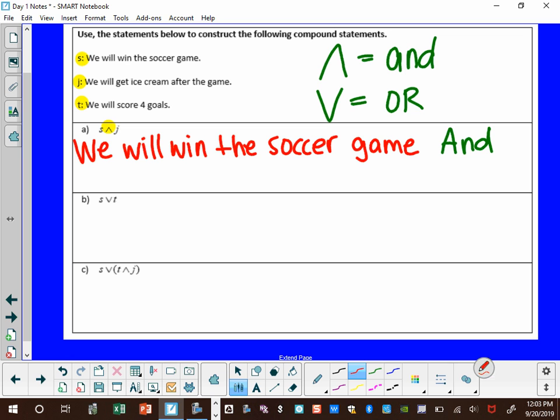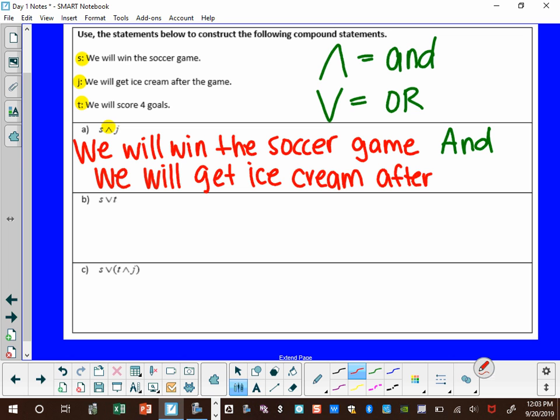What's the second part of my statement? What's J? We will get ice cream after the game. I promise you the same problem will be on your test, very similar. You cannot just write down your symbol and skip the rest of it. You can take the extra time and write out your full sentence.